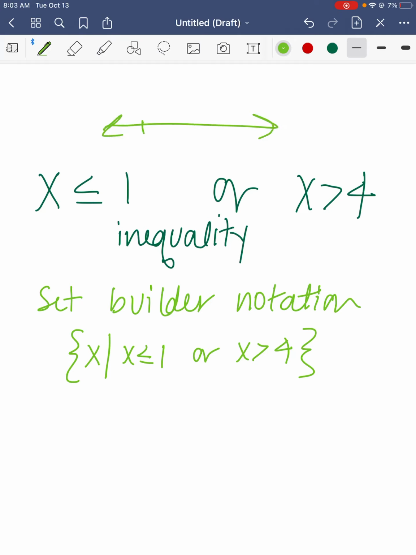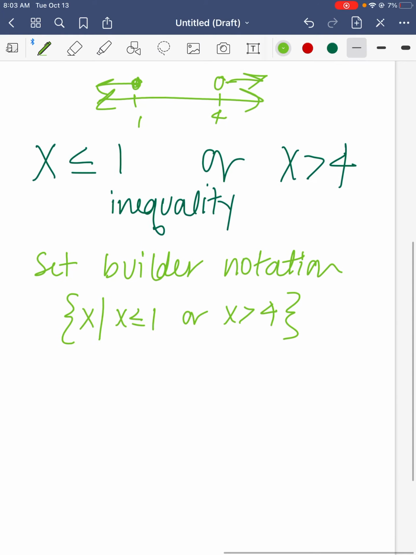Your graph is going to look like 1 and 4, like that. So we have to just write it as or. There's not going to be any overlapping in this one.